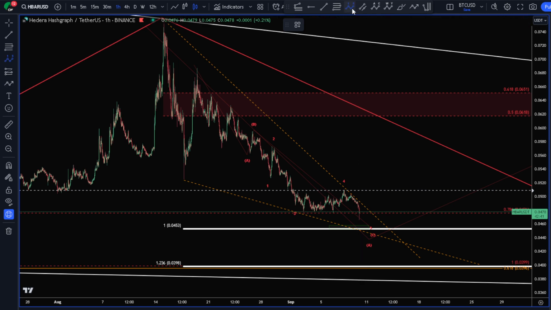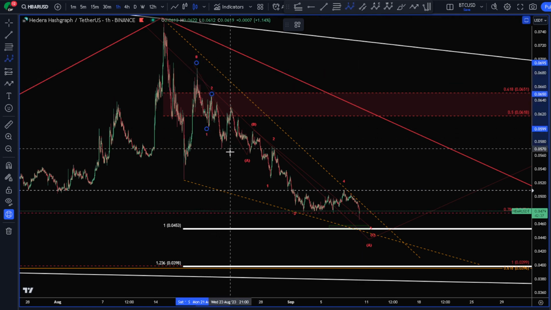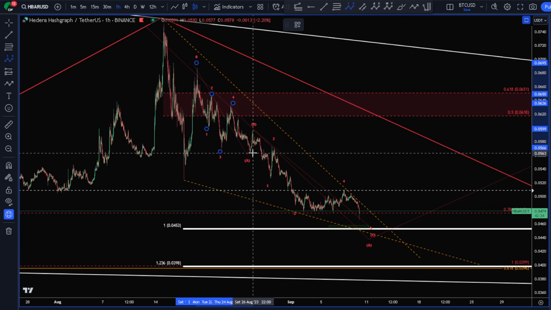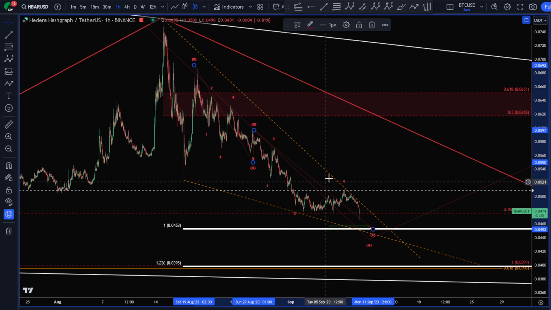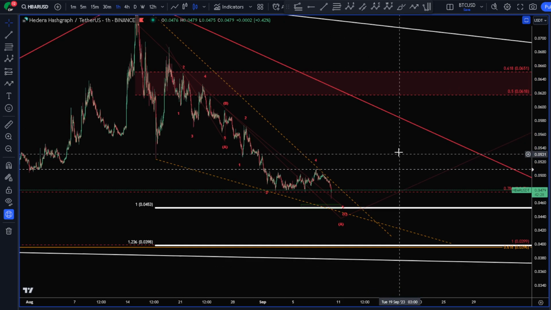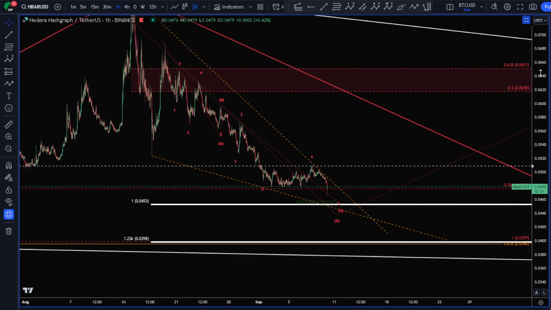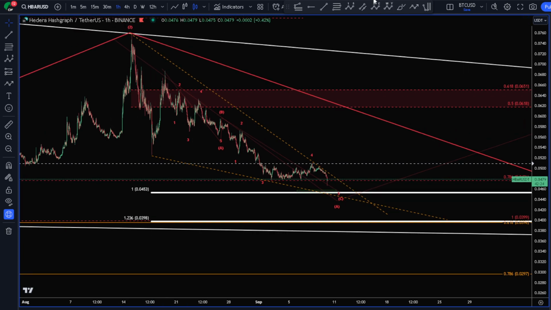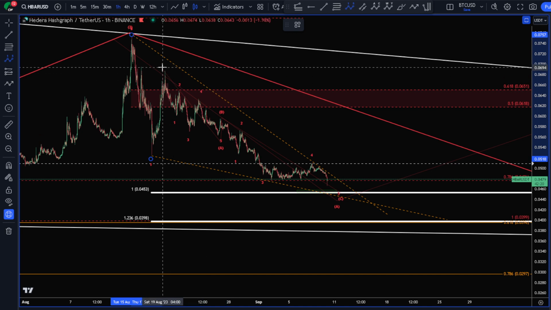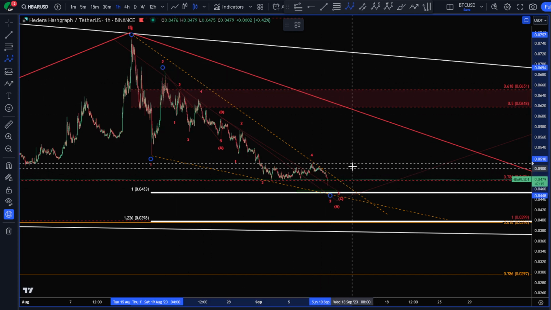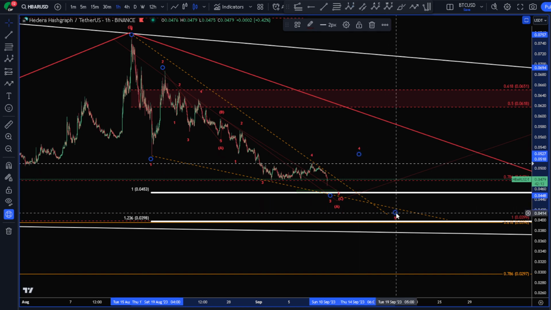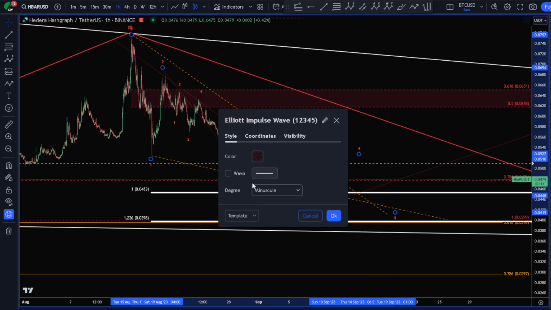And the way I would label this is actually as a diagonal, where we have a 1, 2, 3, 4, 5. 1, 2, 1, 2, 3, 4, 5, ABC. And if this is a larger leading diagonal, again, that's a double zigzag wave 1, double zigzag wave 2, and we might even have to come up and finish up like this.